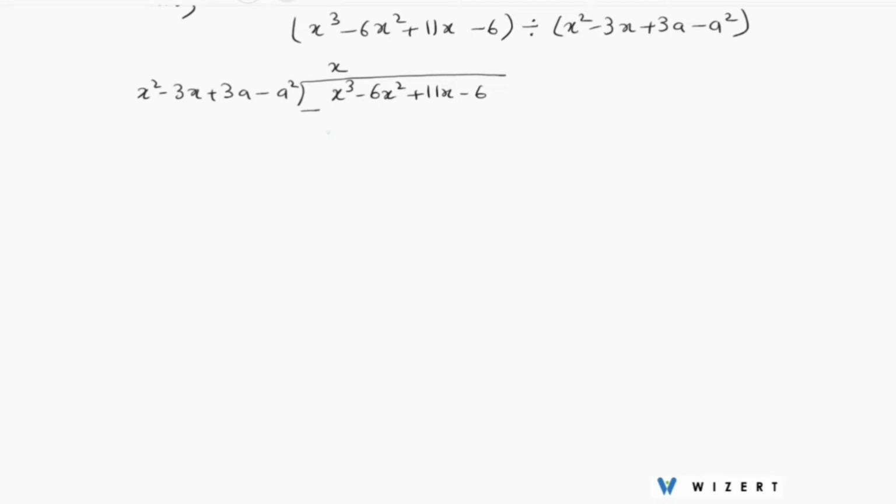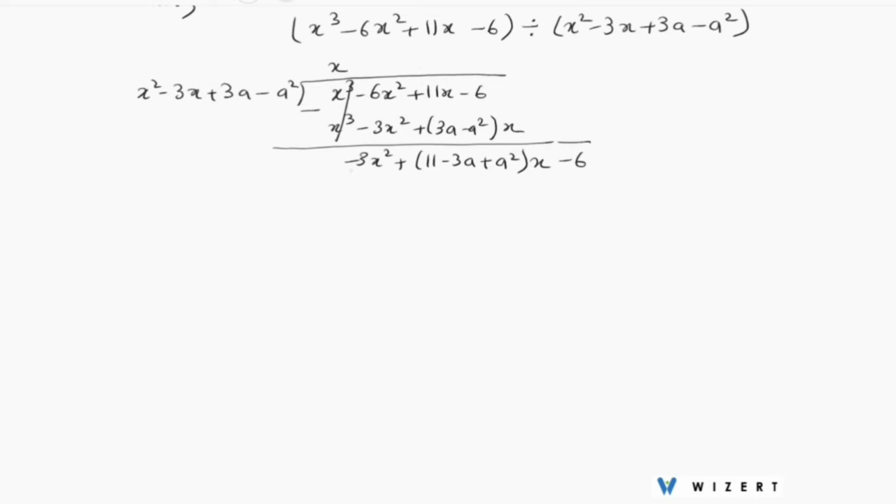So we have minus x cube minus 3x square, then that will be 3a minus a square x. So as a result these two will be cancelled out. Minus 6x square plus 3x square will be minus 3x square, plus we have 11 minus 3a plus a square into x, minus 6 will come down here.